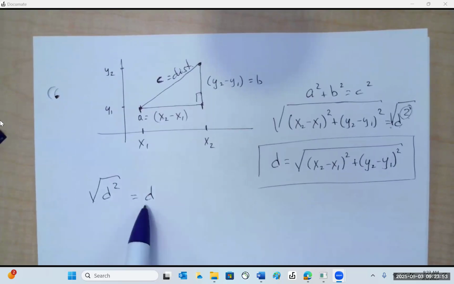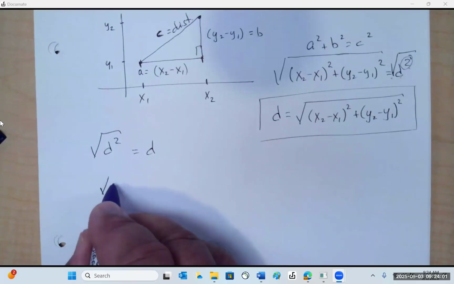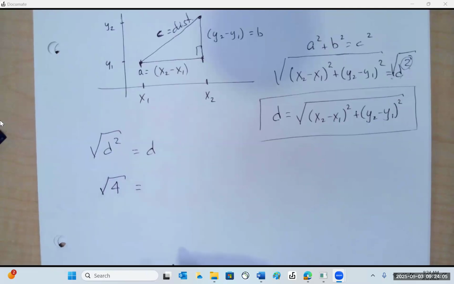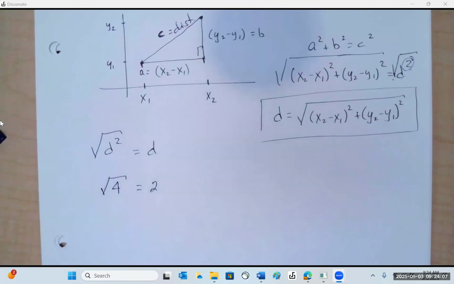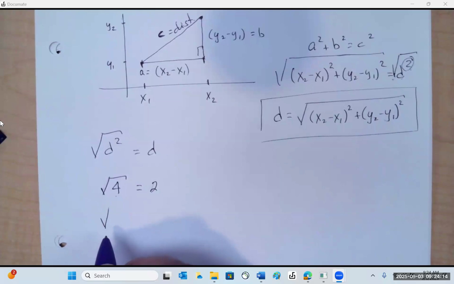Now, everybody see this. Let me show you how this works. Here's an example. What's the square root of 4? 2. Why? Because what is 4 made up of? 2 times 2.